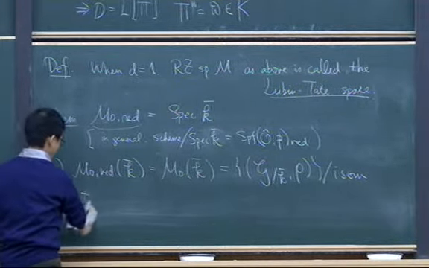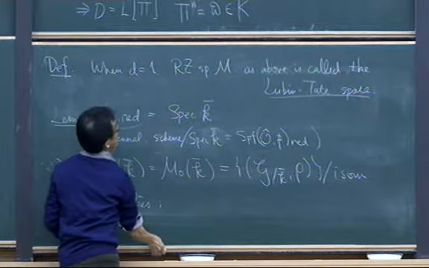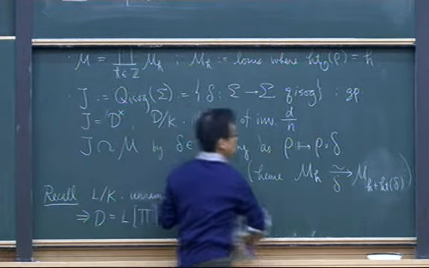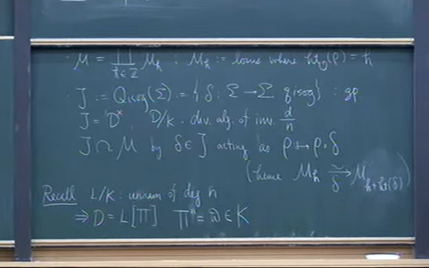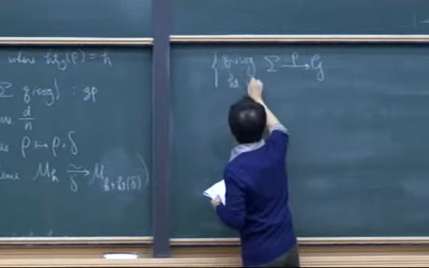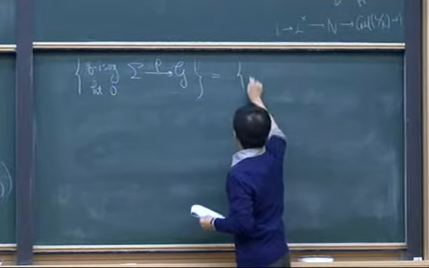Now the fact implies that over k bar, a quasi-isogeny of height 0 is the same thing as an isomorphism.